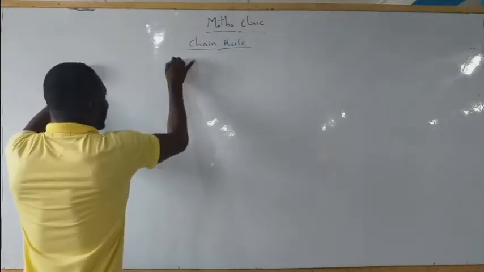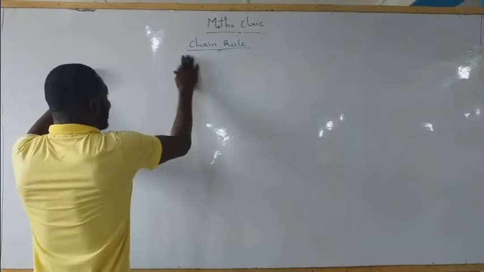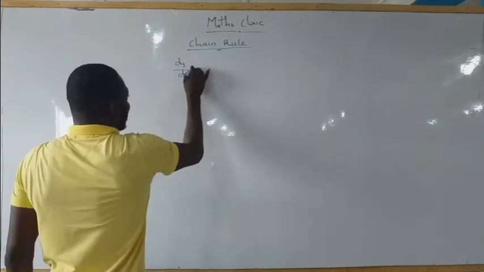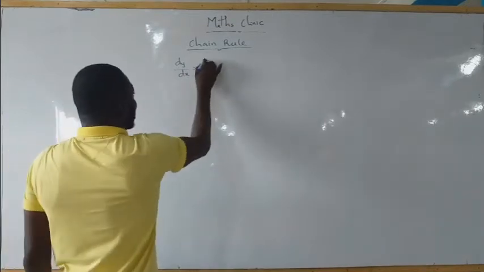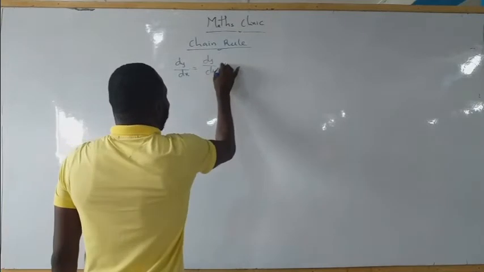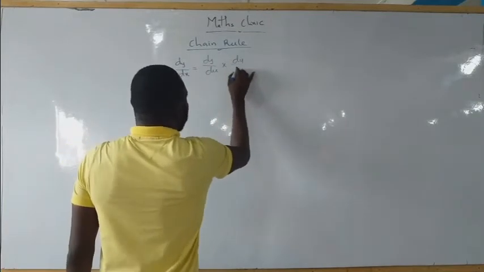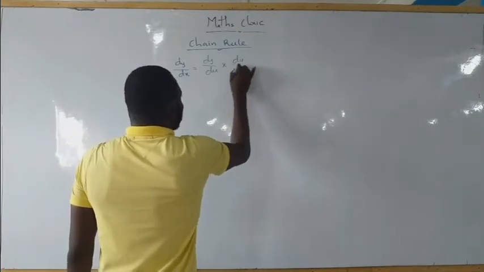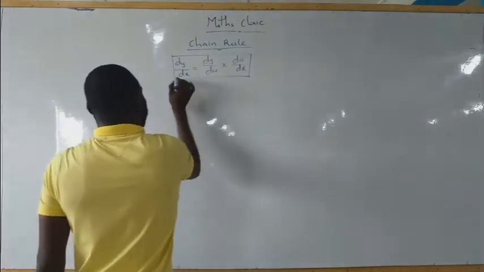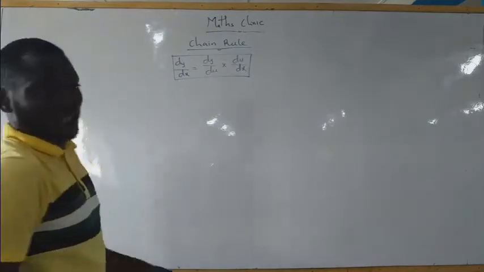We have dy over dx is equal to dy over du times du over dx. This is what we call function of function, or chain rule.